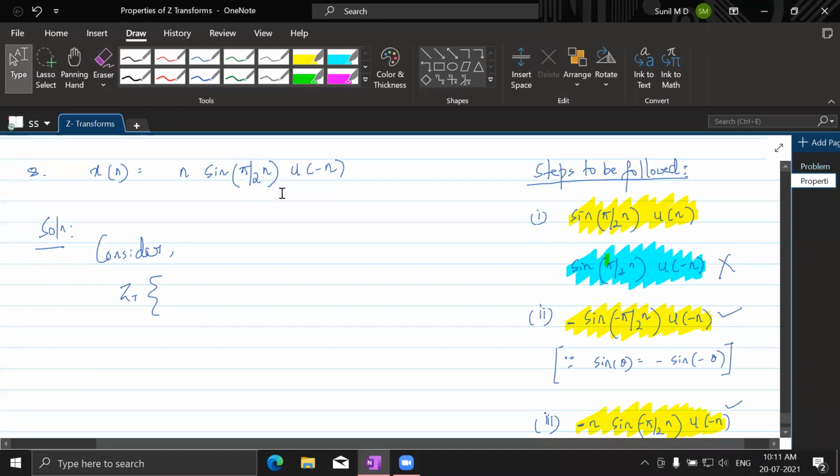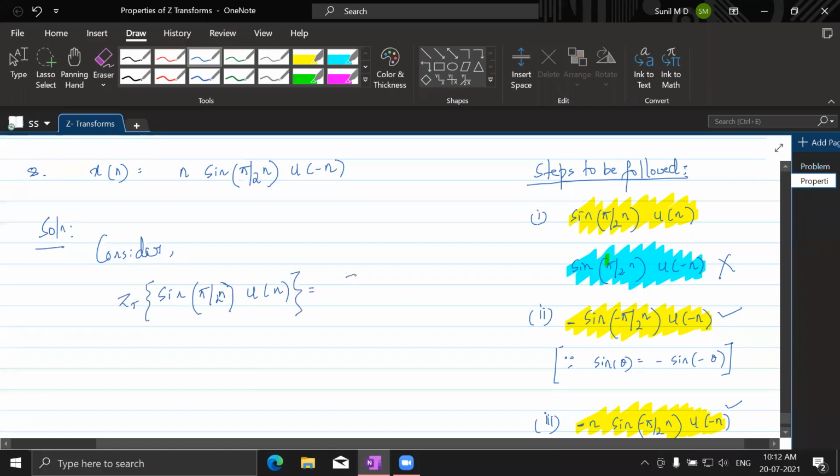Before going to that, how can this be expressed? I'll consider sine pi by 2 n, u of n. How can this be written? Or the Z transform of this can be written as what?